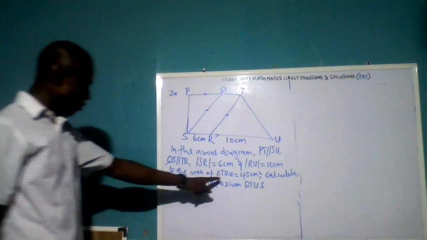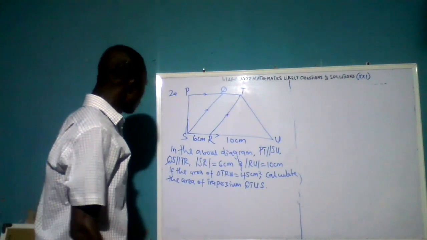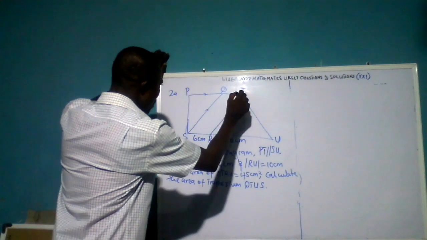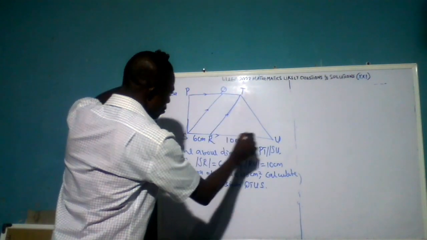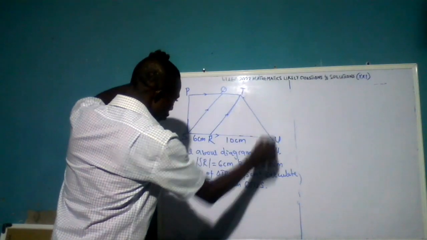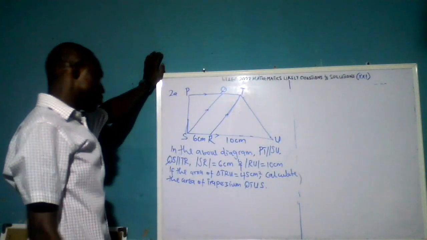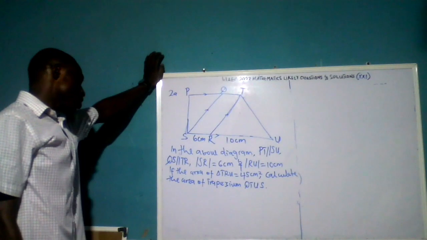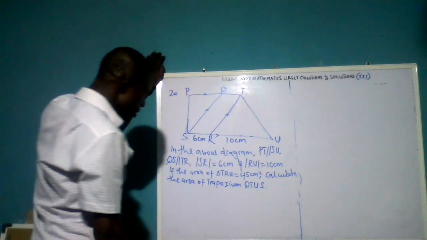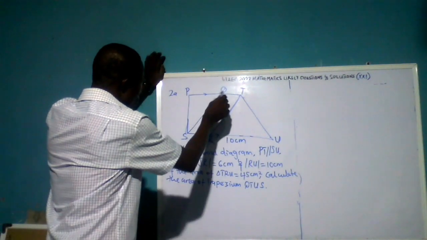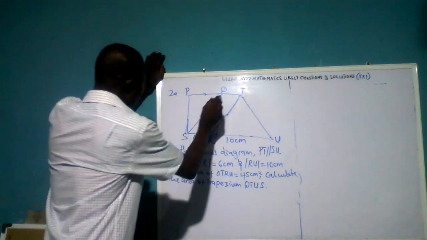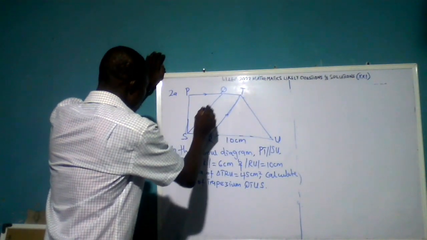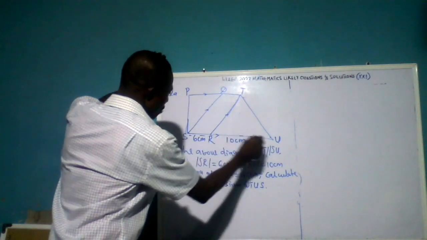If the area of triangle TRU is 45 centimeters square, we have to calculate the area of trapezium QTUS.